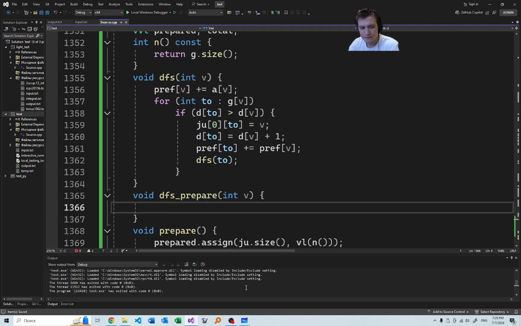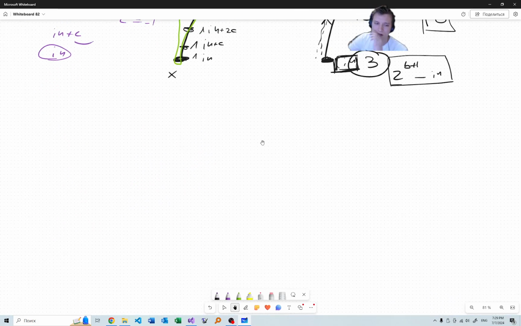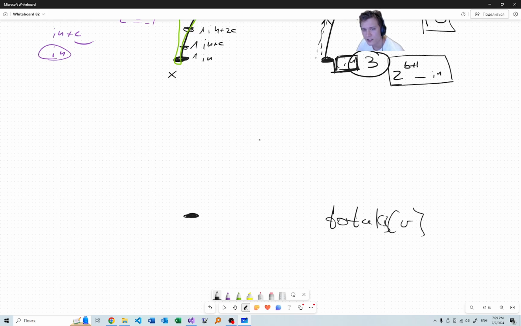Okay. So how do we do it? So we have a vertex. We want to find out total of v, of bit and v, and prepare of bit and v.